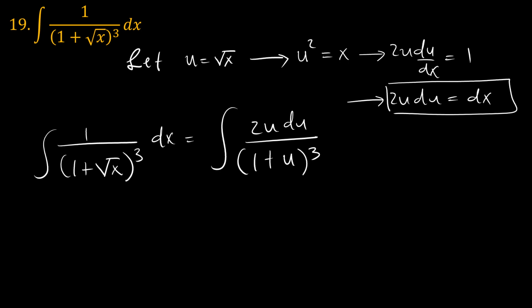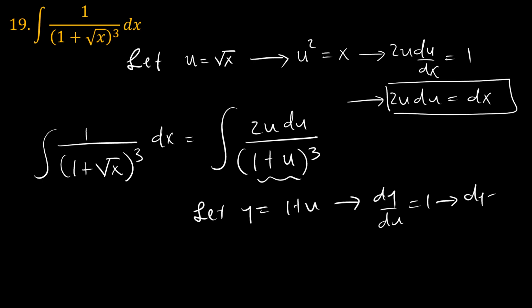Okay, now sometimes it's just a little bit more cumbersome to deal with a 1 plus something in the denominator. We can now say let y be equal to 1 plus u, and so dy du is equal to 1, and so dy can be just substituted for du.